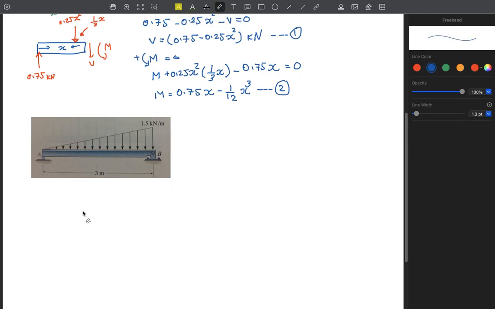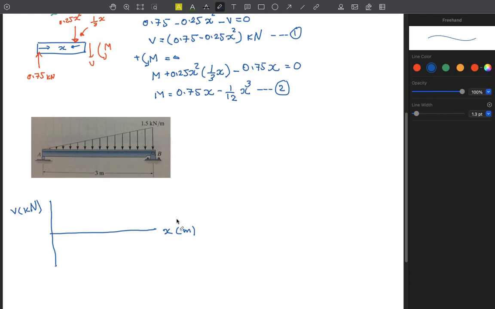So first you draw your shear diagram. So this is the length, and this is whatever it is. Sorry, I'm really bad at just being tidy. So this is shear in kilonewtons, and then here we have x in meters.